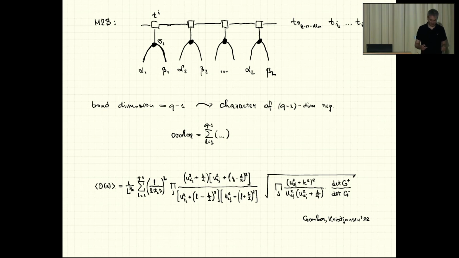The state has the form of a matrix product state, so it's like a character in some auxiliary space, which is a representation of SU2. So the overlap will also be of character type.